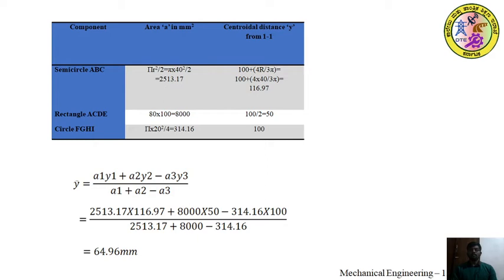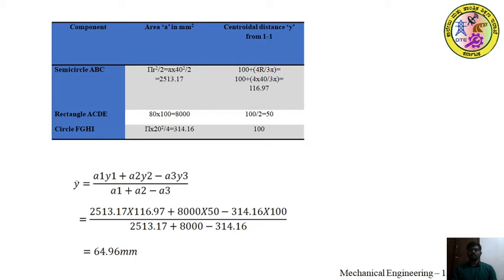Now the centroidal distance y from the reference axis 1 for the semicircle. The formula for the CG of a semicircle is 4r by 3 pi, already explained in previous slides. We are going to take reference as axis 1, and the y value will become 100 plus 4r by 3 pi, that is equal to 100 plus 4 into 40 by 3 pi.